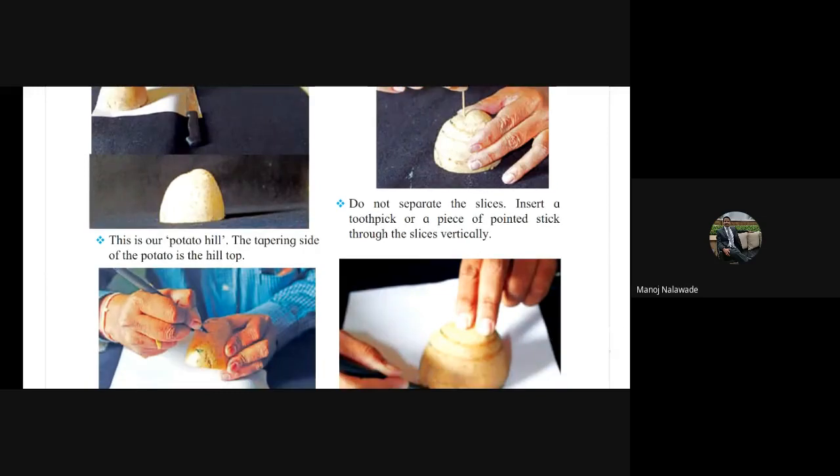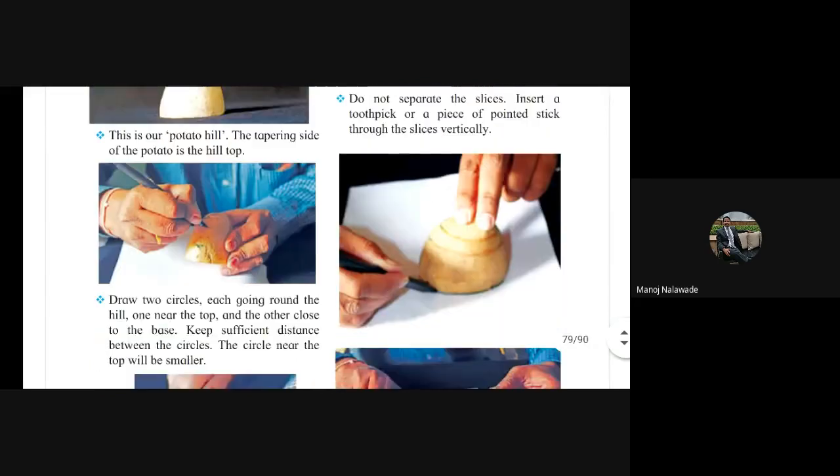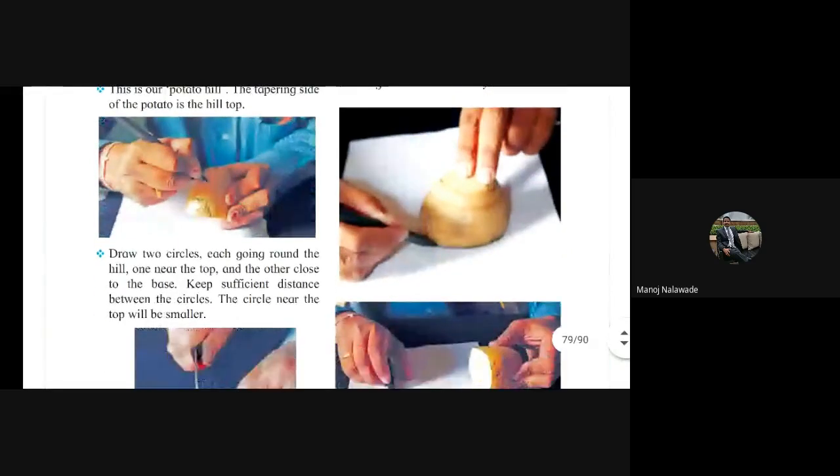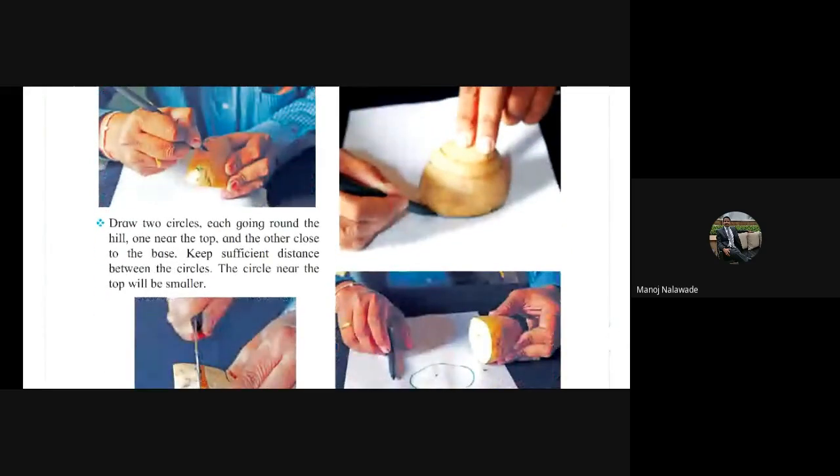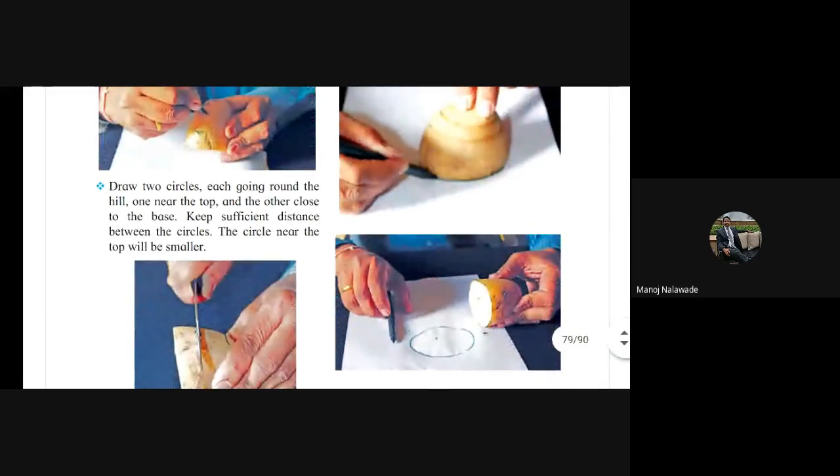So this is our potato hill, and the tapering side of the potato is the hilltop. You can see the hilltop here. Draw two circles, each going round the hill, one near the top and one close to the base. Keep sufficient distance between the circles, and the circle near the top will be small.